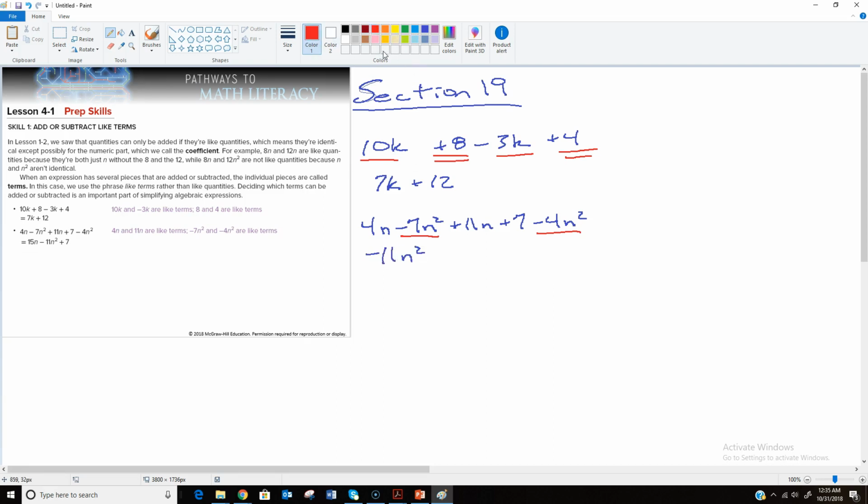Then we can put the 11n with the 4n. They're both positive, so that gets us 15n. And then the plus 7 doesn't have anything to go with it. Let me differentiate these. So the 4n went with the 11n.